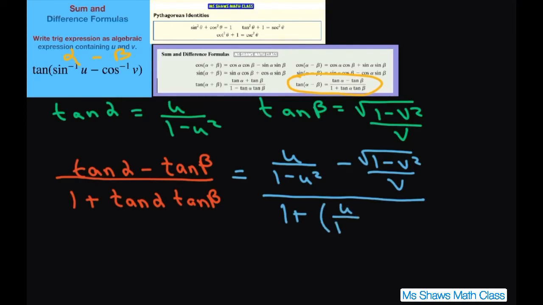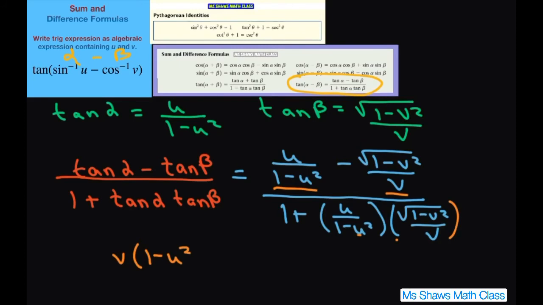That's u times the square root of 1 minus u squared... I mean, u divided by the square root of 1 minus u squared, times the square root of 1 minus v squared divided by v. Basically, we have everything in terms of u and v, but we need to simplify. Our common denominator, for both of these, is going to be v times the square root of 1 minus u squared.